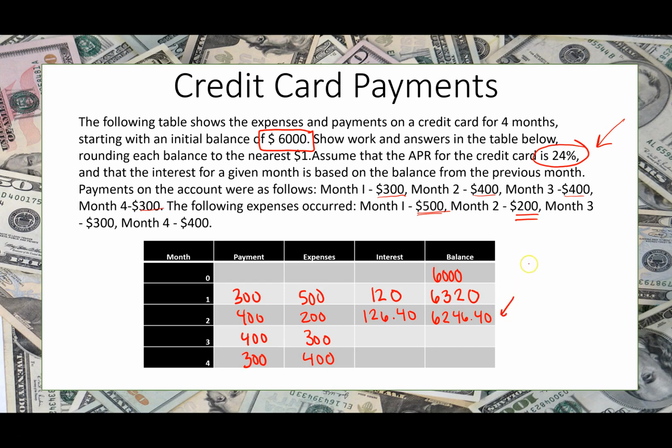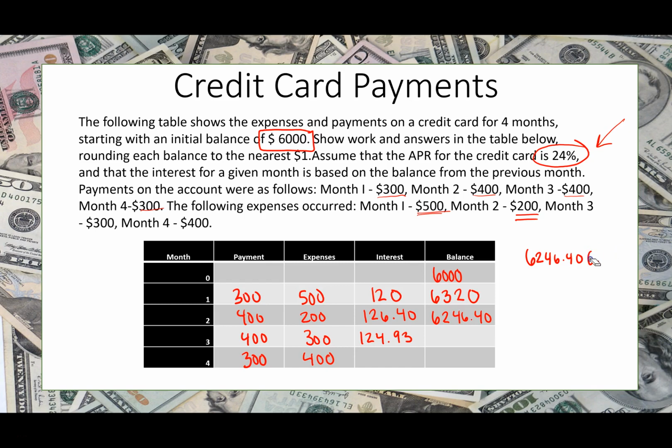All right, so we're going to find now our interest for the next month. So I take my previous balance of $6,246.40. I multiply that by 0.02, and I get $124.93 in interest.